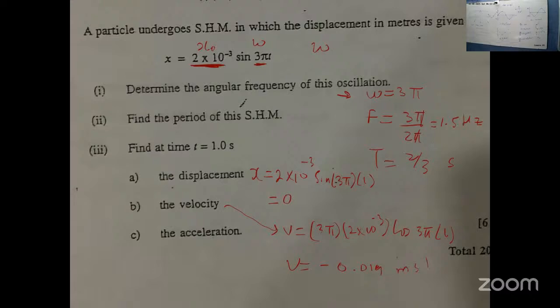And for acceleration, anybody else get it? Everybody get minus 0.019?